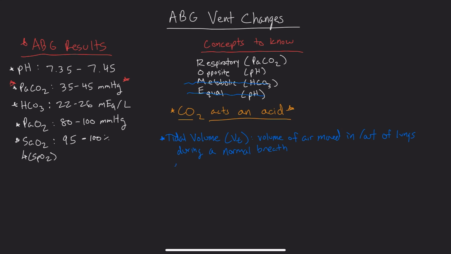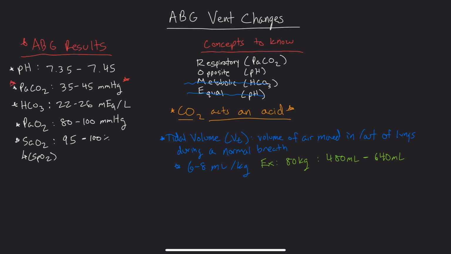And a normal range for tidal volume is going to be 6 to 8 mLs per kilo. We'll use this example throughout the video. So let's say, for example, you have a patient that is 80 kilos, that's about 175 pounds, this tidal volume is going to be somewhere between 480 mLs and 640 mLs.